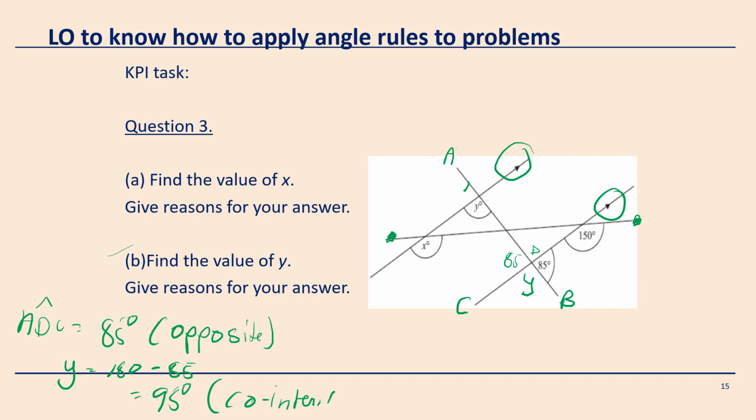It's gone through these two parallel lines, so X equals 150 degrees. It's corresponding. So you can see that there is the same as that because these two lines are parallel.